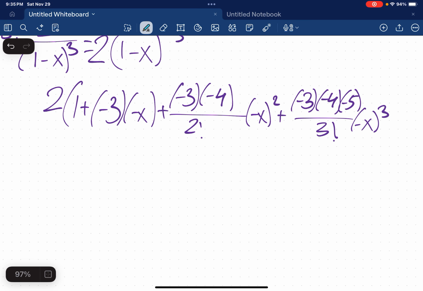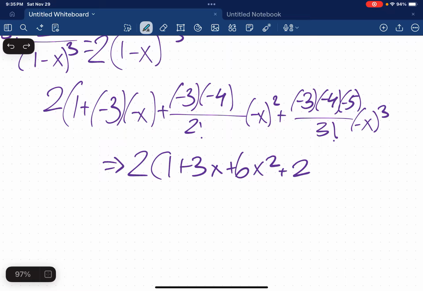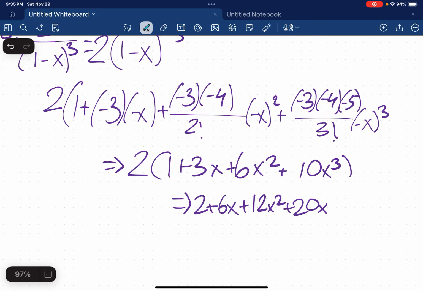And this ends up just simplifying to 2 times 1 plus 3x plus 6x squared plus 10x cubed, which is just equal to 2 plus 6x plus 12x squared plus 20x cubed.